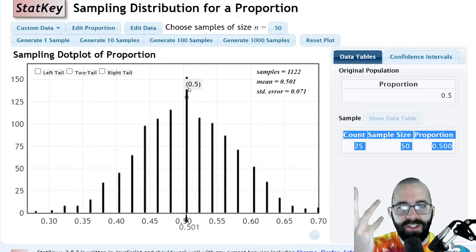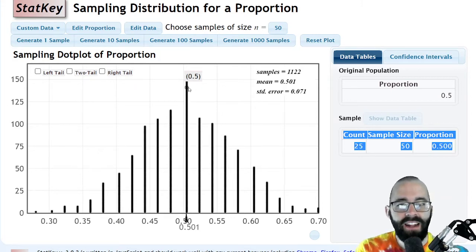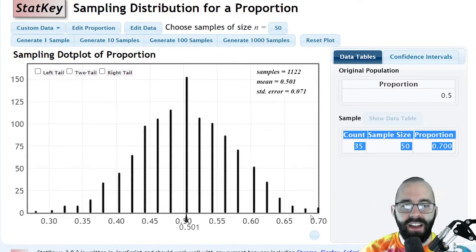Of course, on average, about 50% of them would be heads. The most that we ever got after doing this experiment 1,000 times was 70%. It seems really unlikely that we could have gotten 75% heads doing this once. We didn't even get 75% heads doing it 1,000 times.